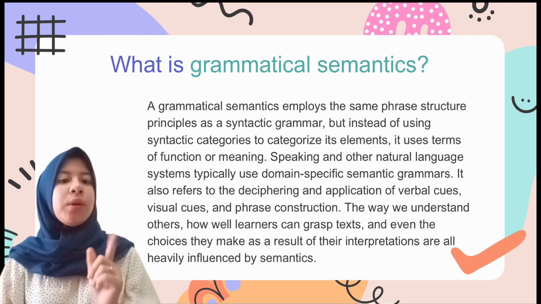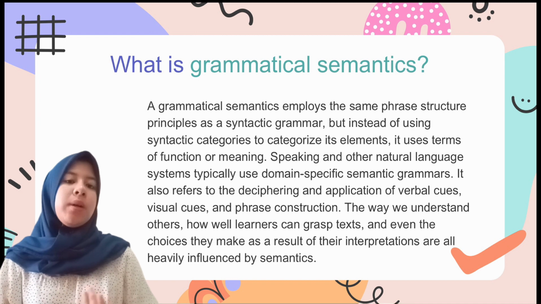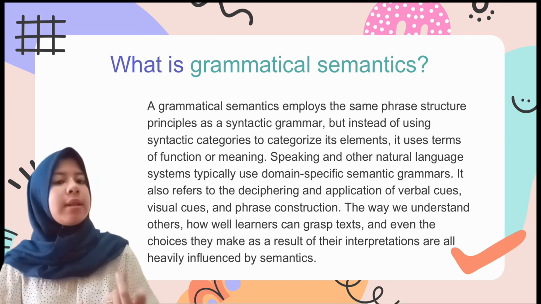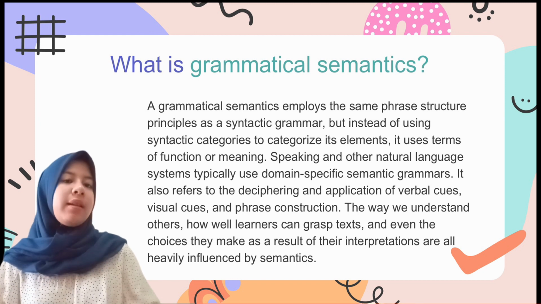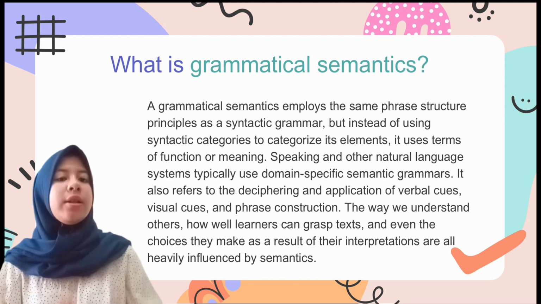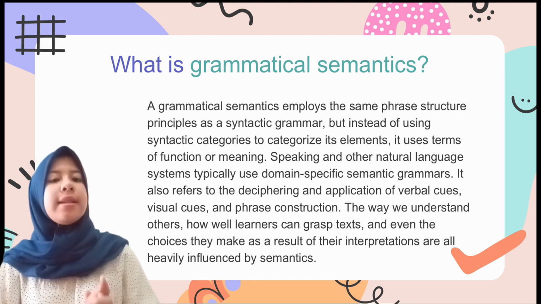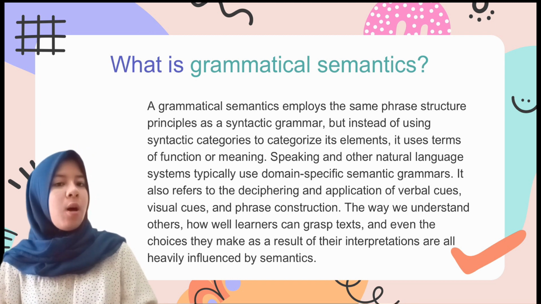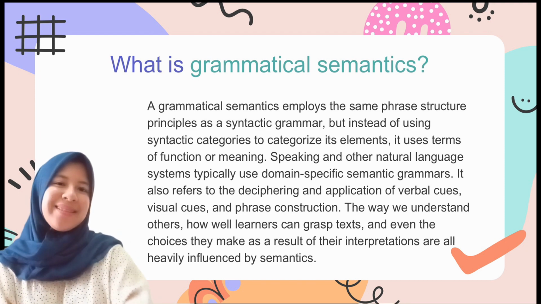It also refers to the deciphering and application of verbal cues, visual cues, and phrase construction. The way we understand others, how well learners can grasp text, and even the choices they make as a result of their interpretations are all heavily influenced by semantics.